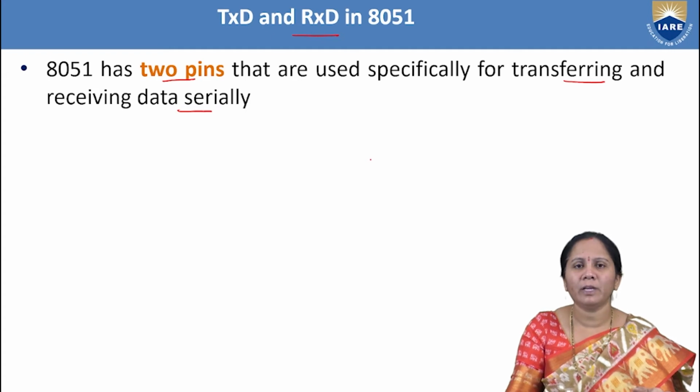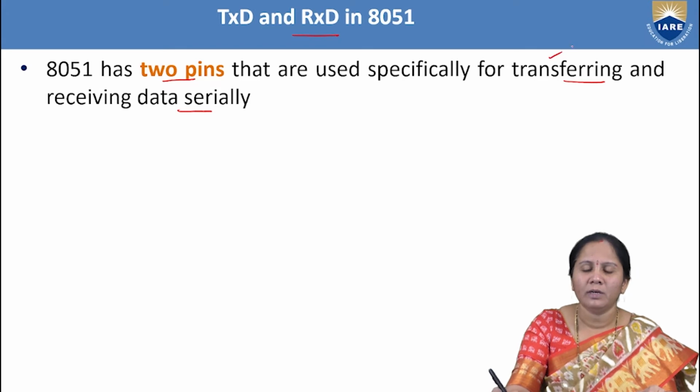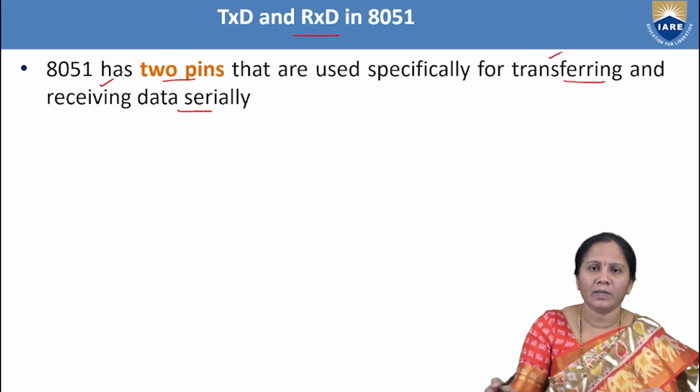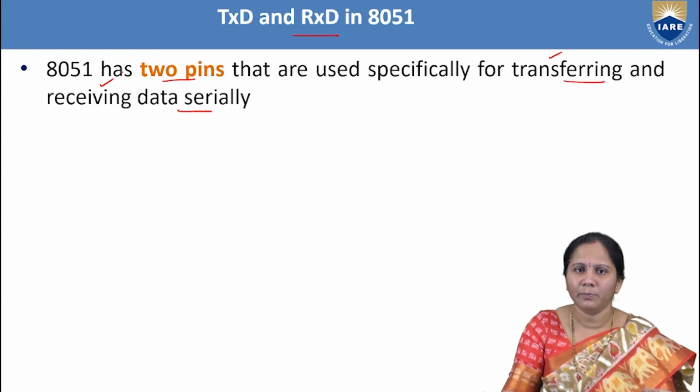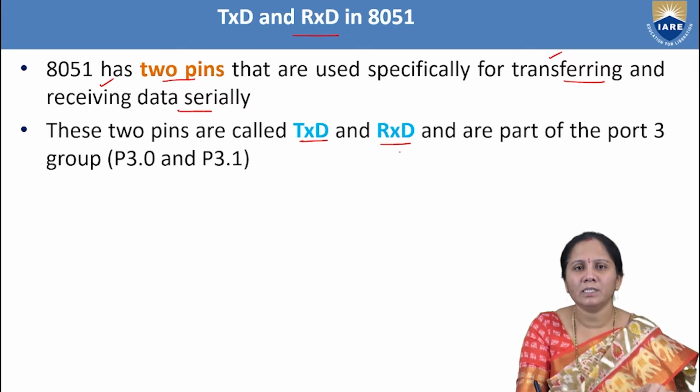So 8051 microcontroller is a 40-pin IC. Among that 40 pins, 2 pins are RxD and TxD. Those 2 pins are used for transferring, that is the TxD pin, and receiving by using the RxD pin. This TxD pin and RxD pin are related to port 3 pins of 8051 microcontroller.